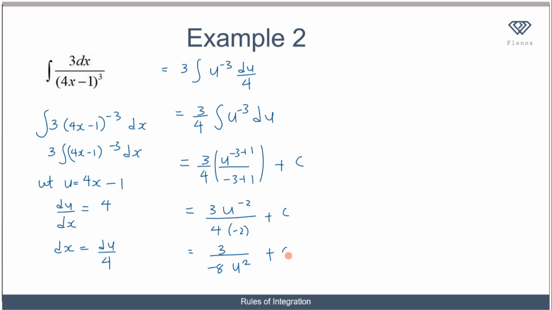So plus my constant. So if I replace that by the value of u, which I substituted before, 4x minus 1, I now get that to be equal to what? To be equal to minus 3 over 8 into bracket 4x minus 1 squared, then plus my constant of integration. So let's check out another example also.